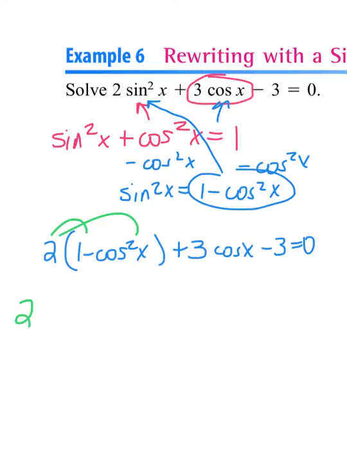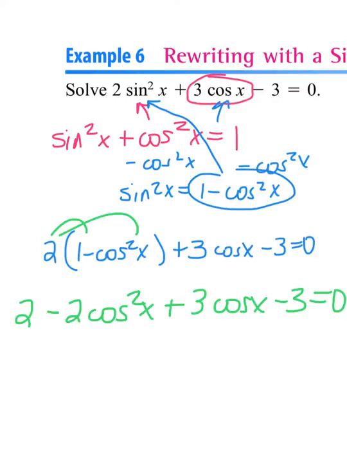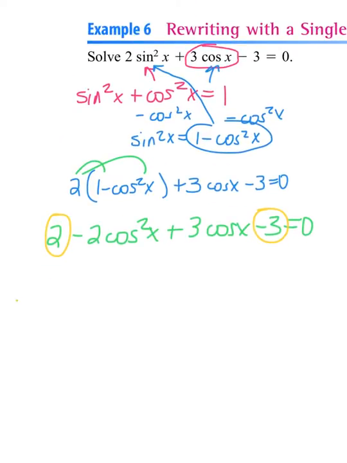So I have 2 minus 2 cosine squared x plus 3 cosine x minus 3 equals 0. You guys see anything that has anything in common? What can I do with the 2 and the negative 3? I can combine like terms. So I'm left with negative 2 cosine squared x plus 3 cosine x, what? Minus 1 equals 0.